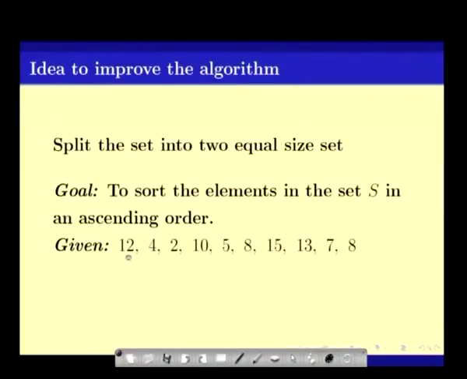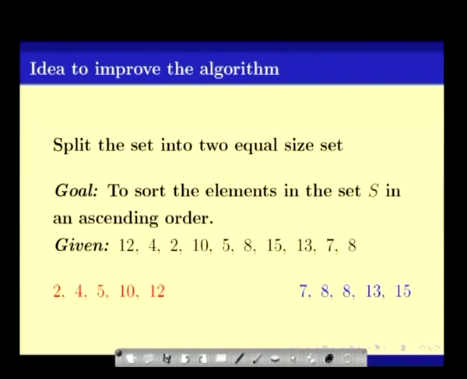For example, we have 12, 4, 2, 10, 5, 8, 15, 13, 7 and 8 as the set S, and we just split it right in the middle. So, we take 5 elements on the left side and 5 elements on the right side. So, we have 12, 4, 2, 10 and 5 on the left, and 8, 15, 13, 7 and 8 on the right.